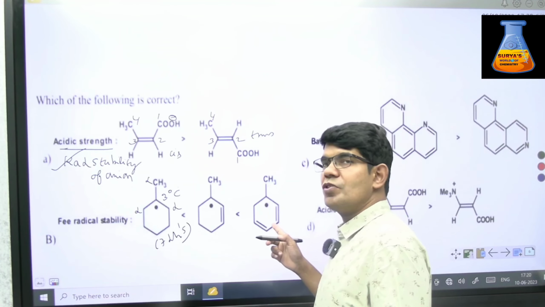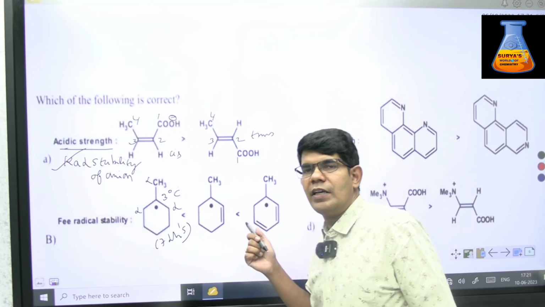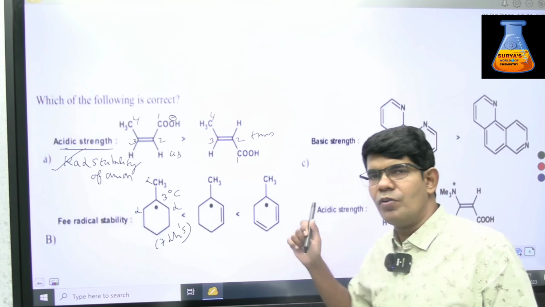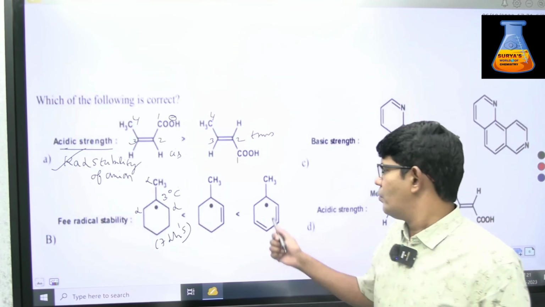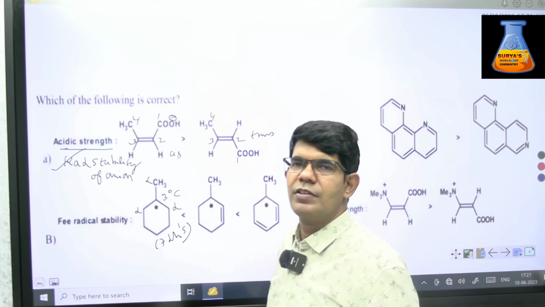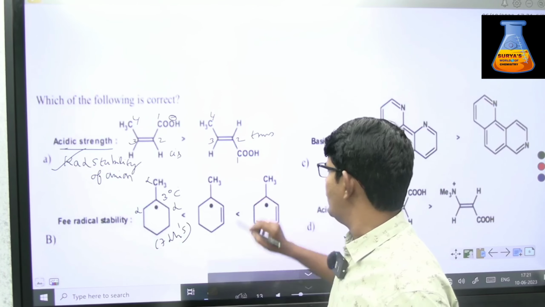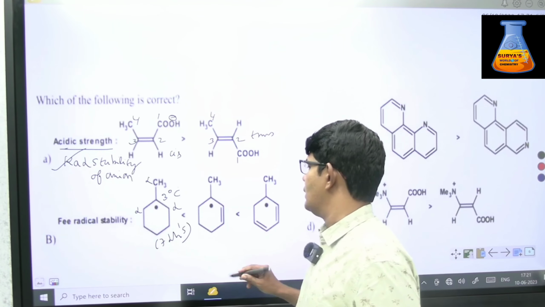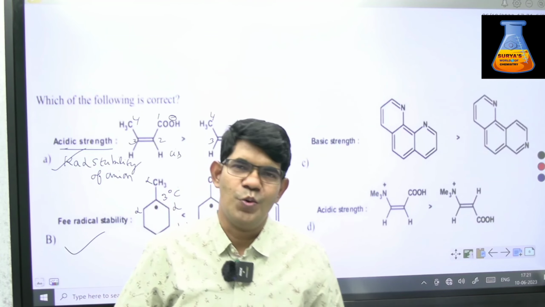And the next one you see, you also have the same condition, that is odd electron pi conjugation. So in the second one also you have odd electron pi conjugation, but you have more extended conjugation. Greater the number of resonating structures, greater will be the stability of the reaction intermediate. So in that case, the order is correct. So option B also stands true.